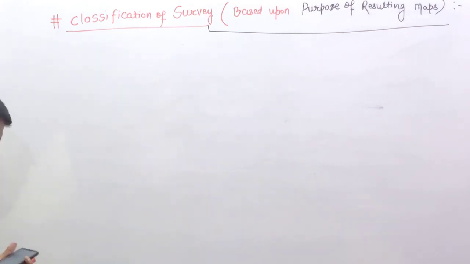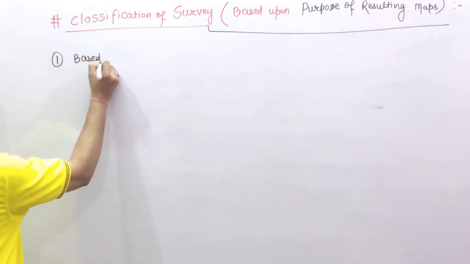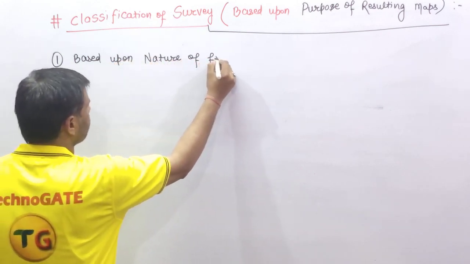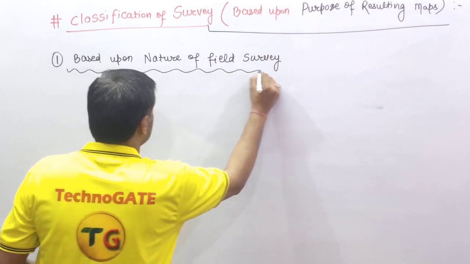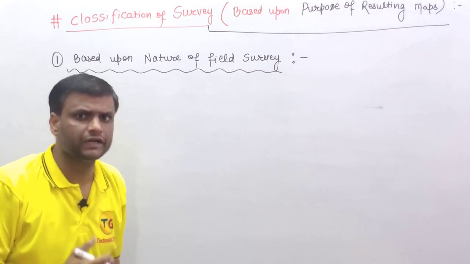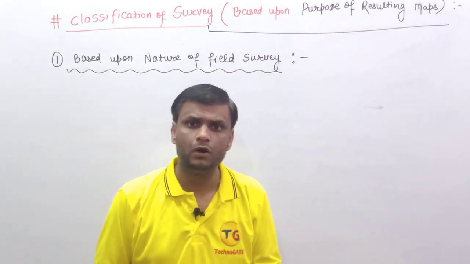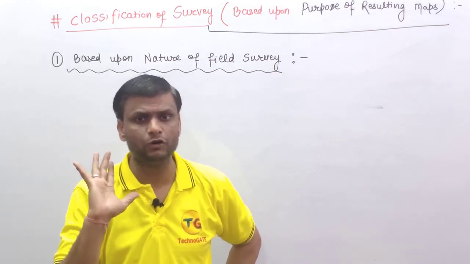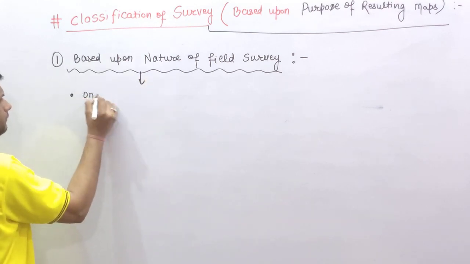Among that, our first category is based upon the nature of field survey. If I am talking about the nature of a field survey, the survey may be carried out on the surface of earth, below the surface of earth, or above the surface of earth.